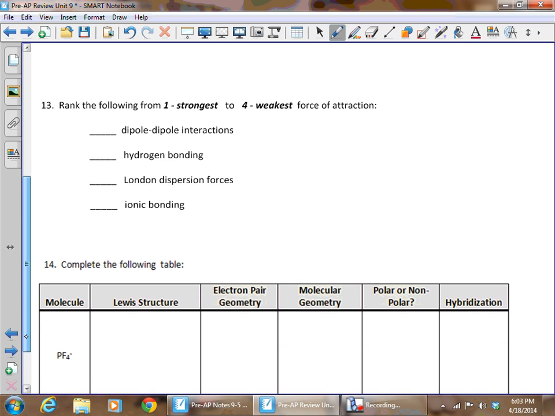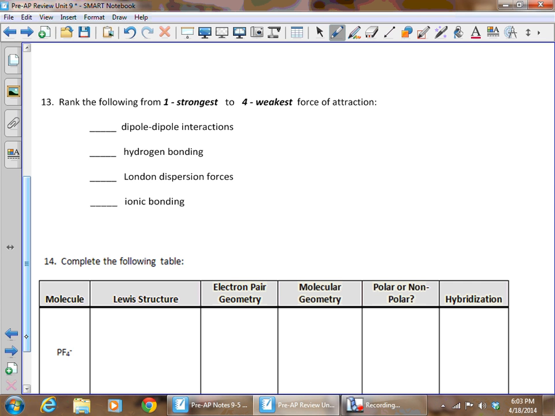Okay, the next one asks us to rank from 1 to 4. That's 1 the strongest and 4 the weakest force of attraction. Remember, a full-out bond like ionic or covalent bonding is like bonding your head or your arms to your body. That beats the heck out of any intermolecular attractive force. So ionic bonding is going to be the strongest of all of these.